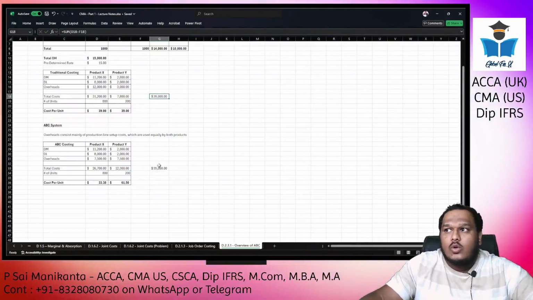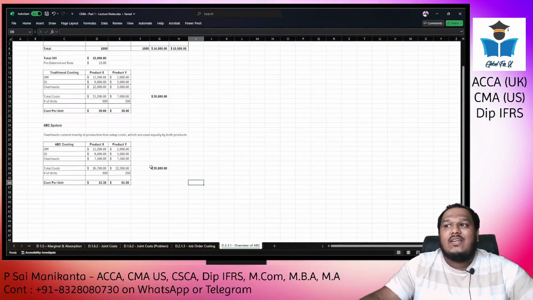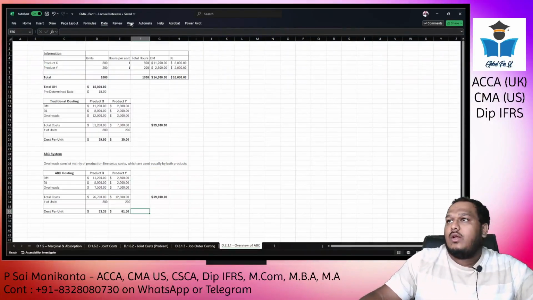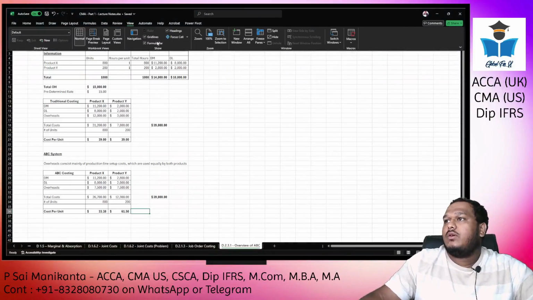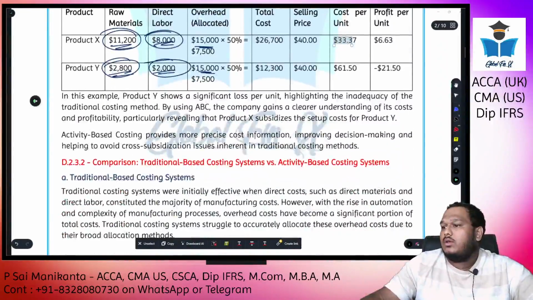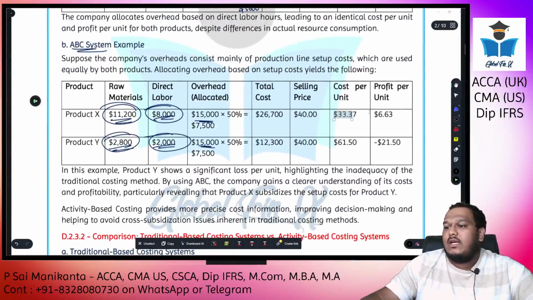So the total costs are still the same, there is no change in the cost, but the cost per unit has changed a lot, right? Okay, that's the question in this scenario.